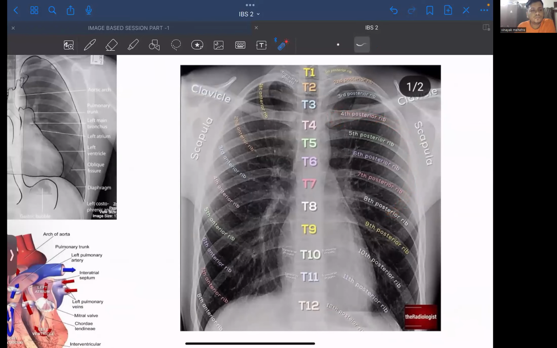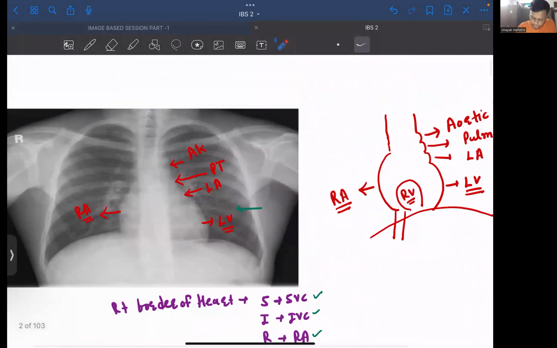This one. Okay, this one. Now take a look. One, two, three, four. Right? 1, 2, 3, 4. But if you remember anatomically very well, the first rib is going like this. Okay, the first rib is going like this. So actually the answer was the fifth rib.